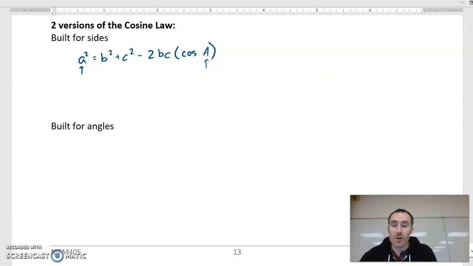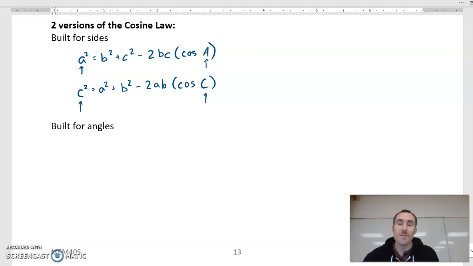So we would go, let's say, c squared equals a squared plus b squared, so the other two sides, minus 2 times a times b, still the other two sides, times the cosine of c. And then we see that the angle and the side match each other. They're a pair. They're across from each other. So you can put whatever letters you want in there, and it's going to work that way.